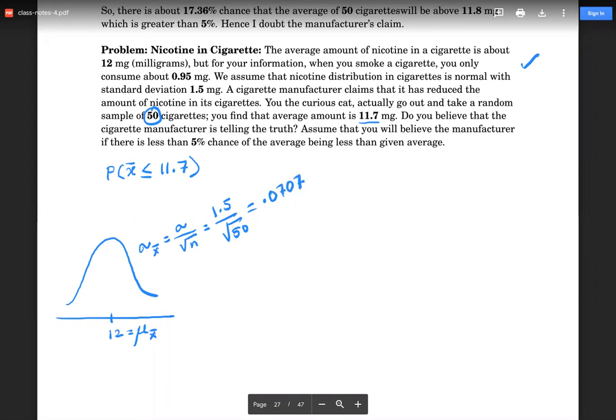So your sigma sub x bar is equal to 0.0707.